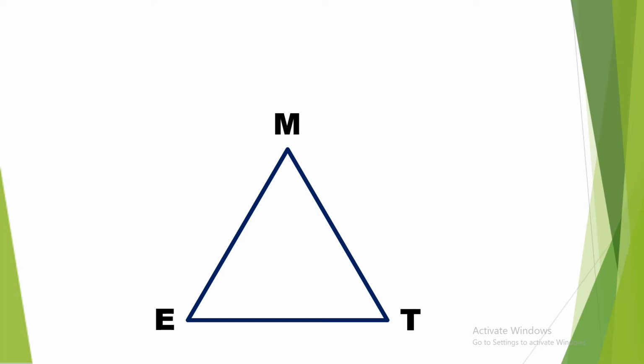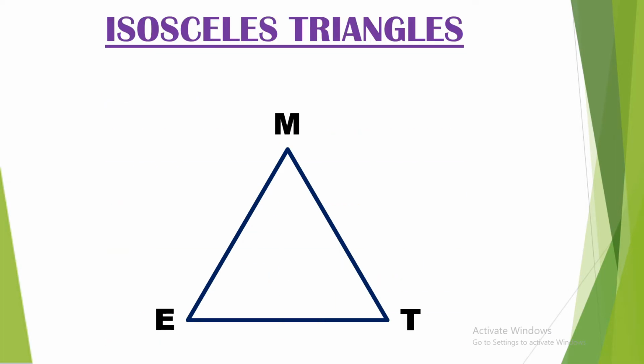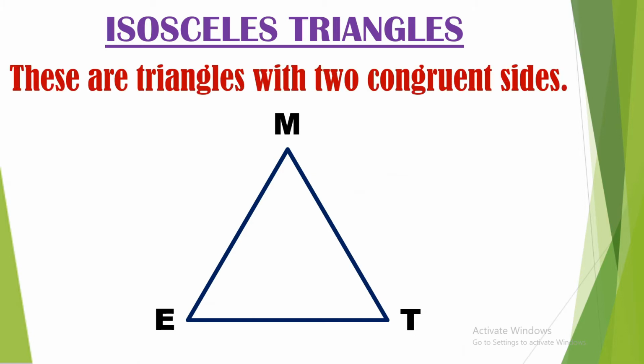We have here triangle MET. When we say isosceles triangles, take note, these are triangles with 2 congruent sides. So say for example, for this triangle, we have the 2 congruent sides, segment ME and segment MT. We call the angle between those 2 congruent sides the vertex angle.